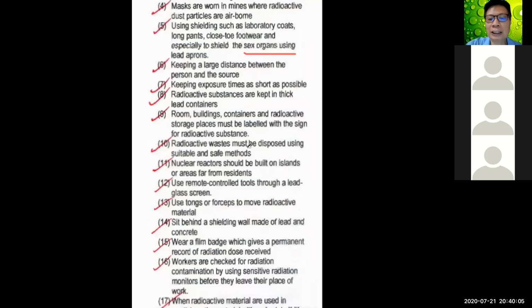Radioactive waste must be disposed using suitable and safe method. This is more dangerous now. It is very convenient, very good to use the radioactive things, but what happens to the waste product? After you use it, sure got waste product. The waste product cannot simply be dumped into the dustbin. No, never do that.